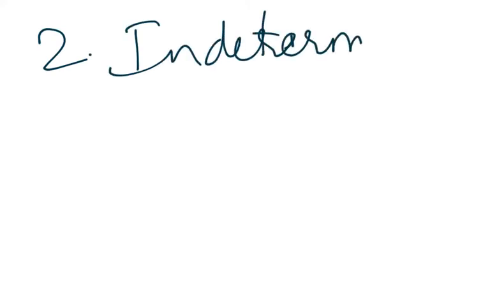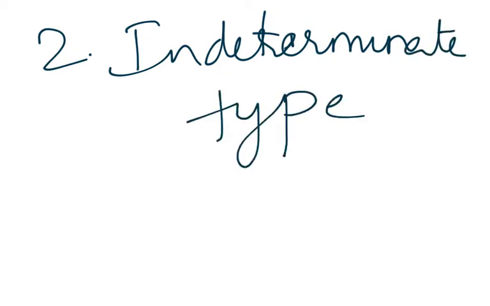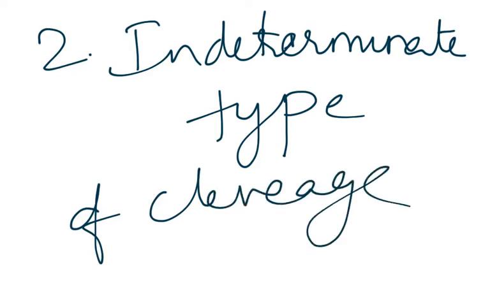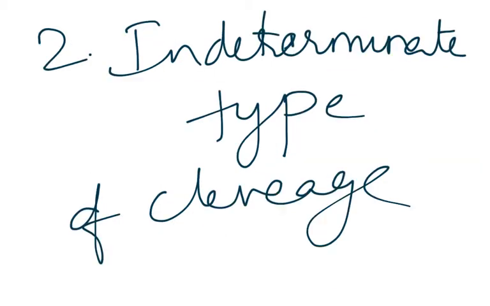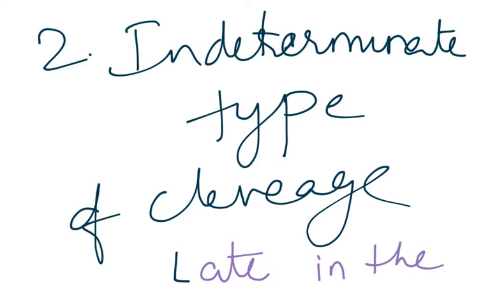If the fate of blastomeres is decided late in the embryonic development, such kind of cleavage is called indeterminate type of cleavage. Early in the development is determinate; late in the embryonic development is indeterminate.